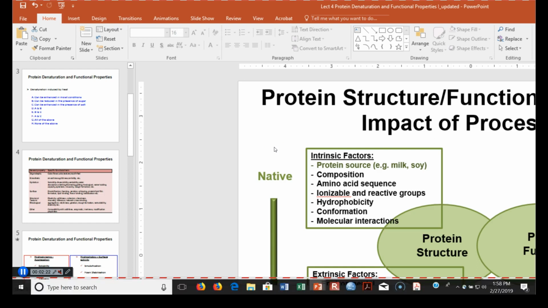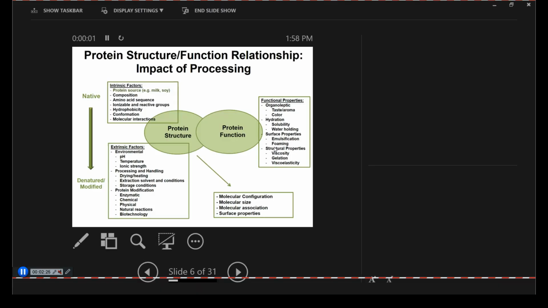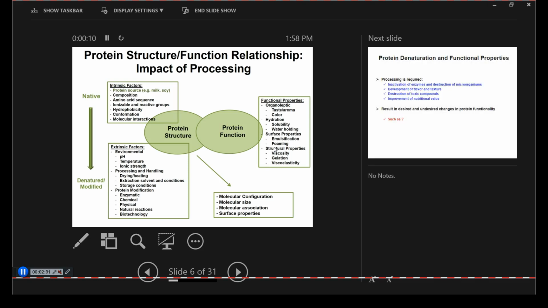All right, so back to this. We kind of started a little bit talking about functionality, but as of now, this is our outline again of what we're covering in the class. We finished talking about protein structure in terms of intrinsic factors, and we talked about ways to characterize protein structure. You worked on 2 practice problems.